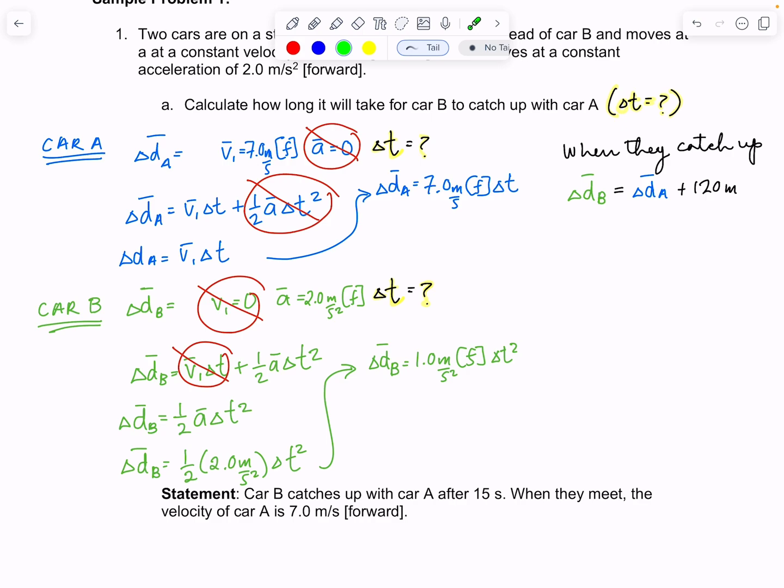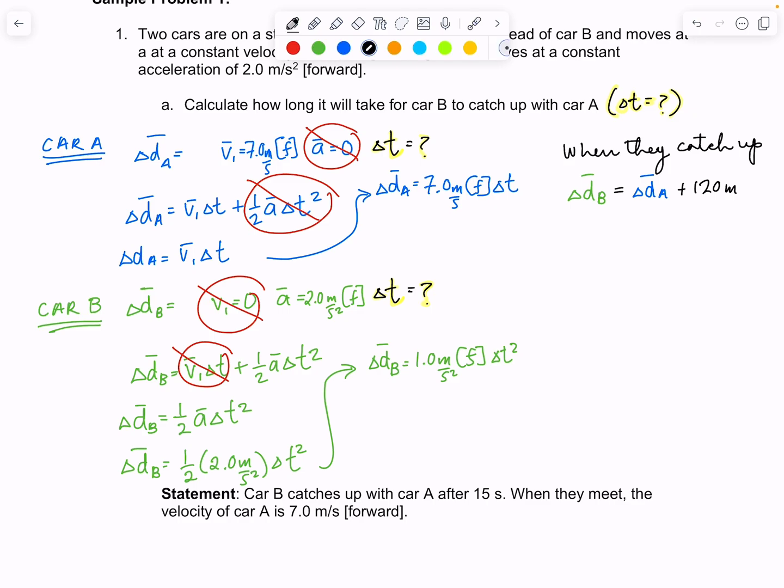And we're going to do that by subbing in delta dB and delta dA. So let's do that.